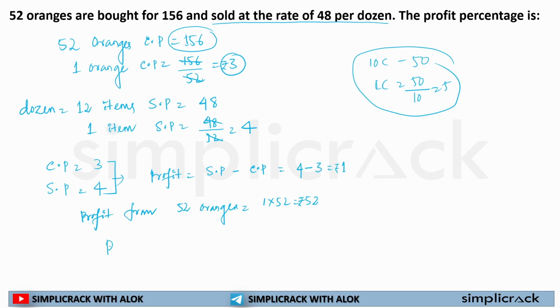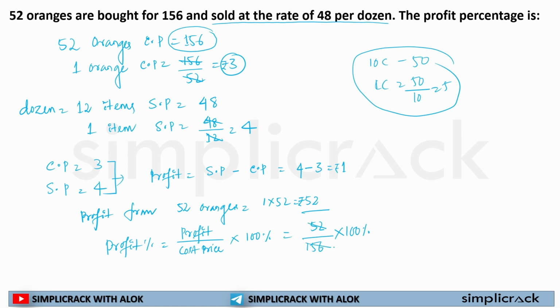So my profit percentage will be equal to profit divided by cost price multiplied by 100%. Or I can write profit is equal to 52, cost price is equal to 156, multiplied by 100%.